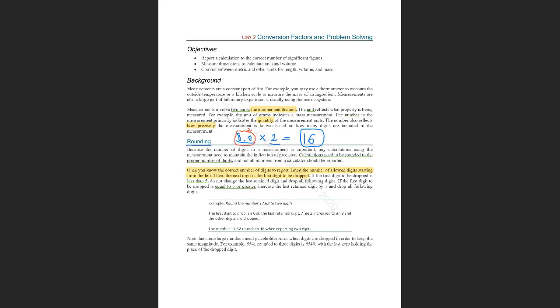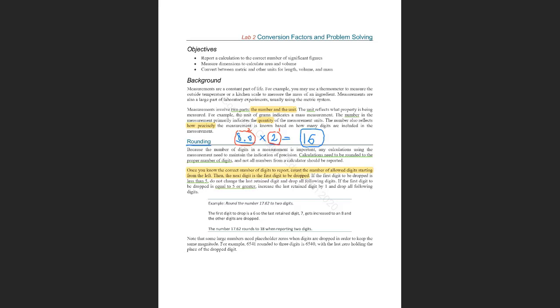So then I have to look at each individual number in the calculation. 8.0 has 2 sig figs. 2 has 1 sig fig. So my answer cannot have more sig figs than the number that has the lowest number of sig figs.